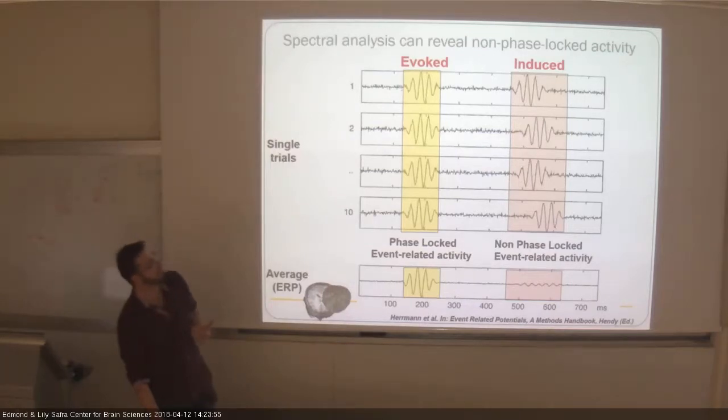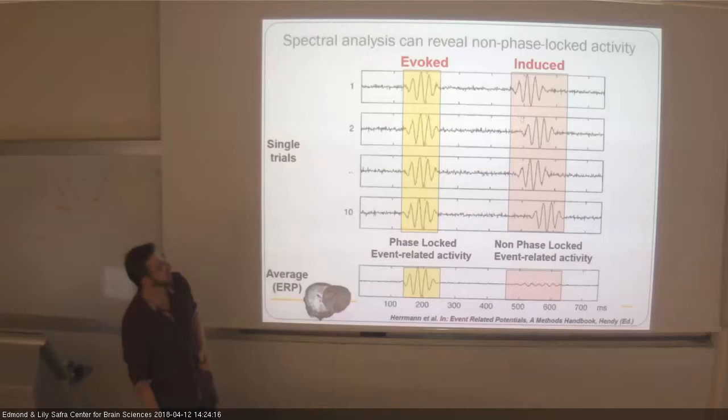When we do spectral analysis, we can take this oscillation and say, okay, there was an increase in 10 hertz power, for example. Instead of this, we have a representation of the power of this frequency, which will look like this, right? And then like an envelope of this shape.